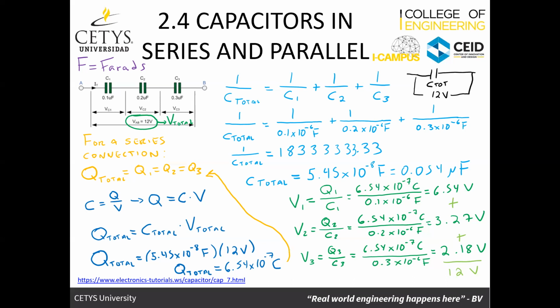If I have an array of n capacitors, each with its own value, is the total capacitance going to be larger or smaller than each of the individual values? It's going to be smaller. So if I had 2, 3, 4, 20 capacitors, and I calculate the total or equivalent capacitance of that array, it's going to be smaller.